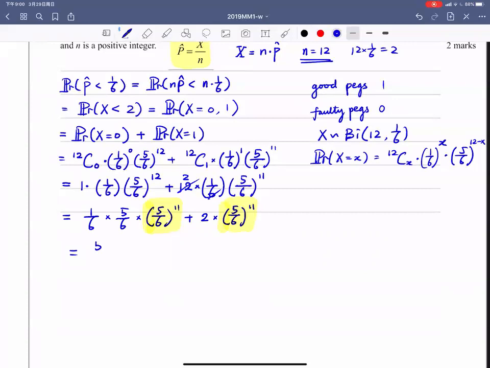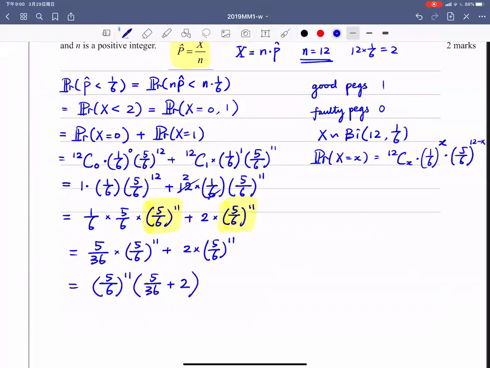And the first term will be 5 on 36 times 5 on 6 to the power of 11 plus 2 times 5 on 6 to the power of 11. Then taking out 5 on 6 to the power of 11, you should get 5 on 36 plus 2.